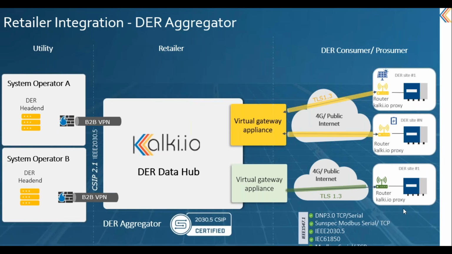Like that, there could be multiple customers connected with the DR aggregator through their own virtual gateway appliances, which isolates the public communication through the public internet from the DR assets. And from the DR aggregator, data can go to multiple system operators. The energy supply can be provided by a single utility or multiple utilities.